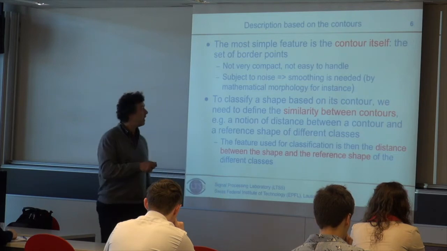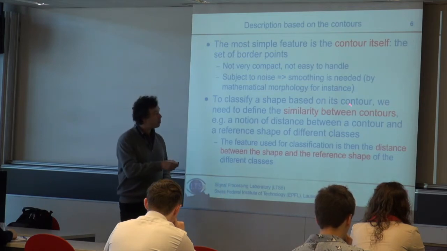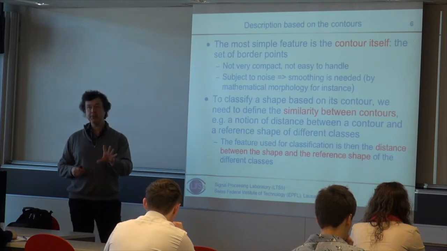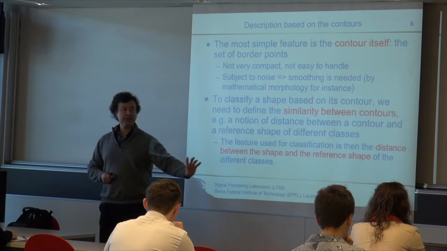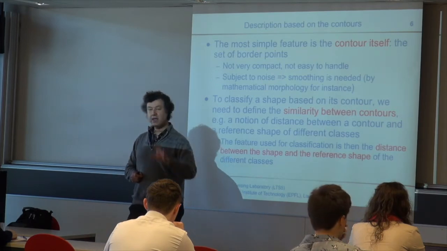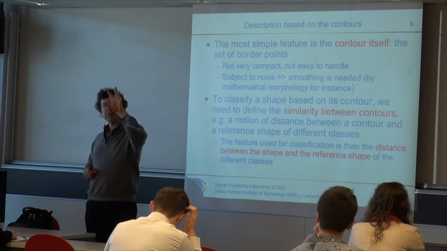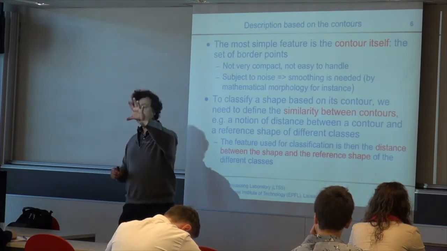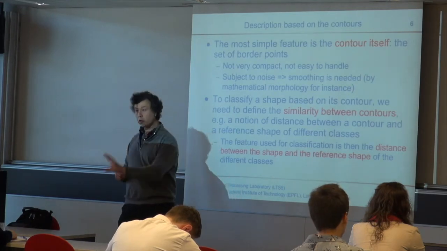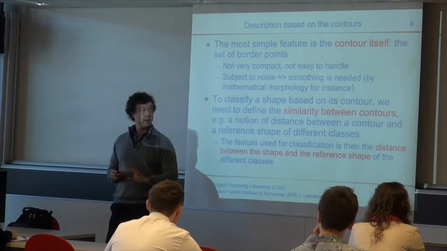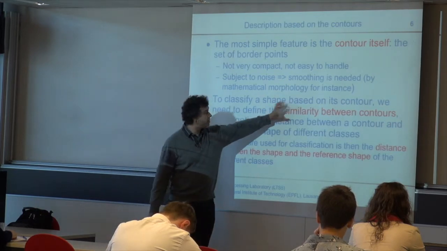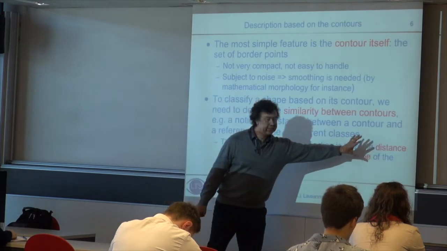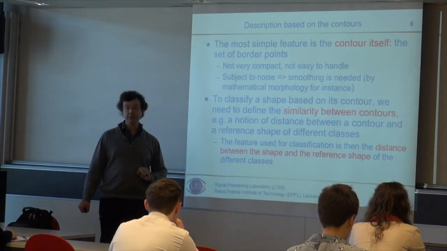Very similar, I will translate that into a measure of similarity between contours. Can I measure the similarity between a contour A and a typical contour of my class 1? And can I measure the similarity between my contour and a typical contour of class 2? And depending on whether my contour is more similar to 1 or 2, I will classify in 1 or 2. So basically, we'll try to define what the similarity between contours is, and this will be done by defining the distance between two shapes, two contours.